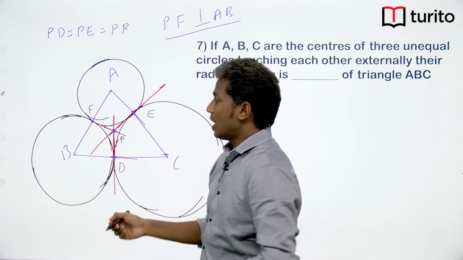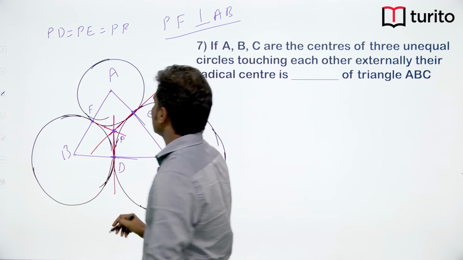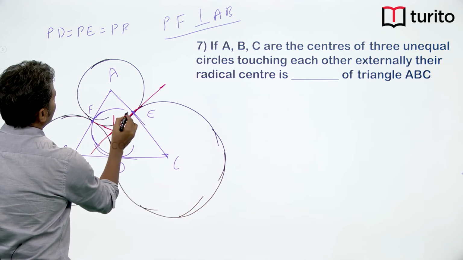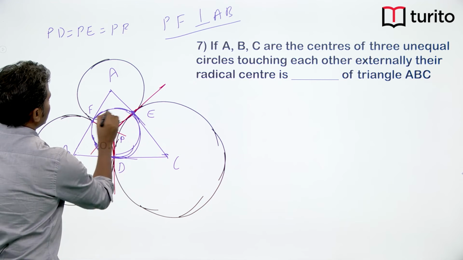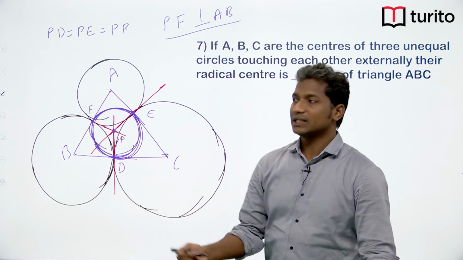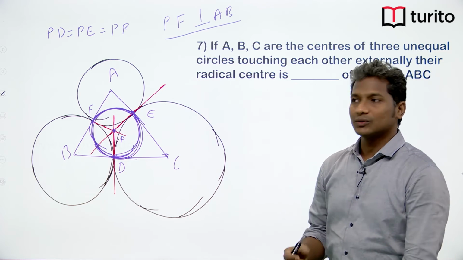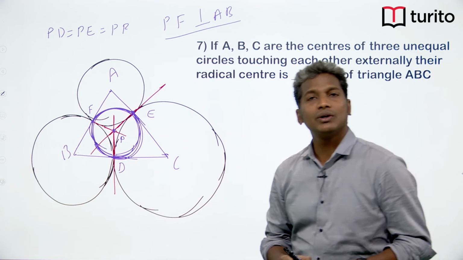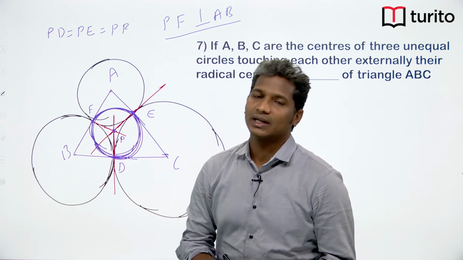Okay. So, now by taking this length as the radius, if I draw one circle, then this circle is going to touch all three sides internally. So, that means the radical center of these three circles is going to be the incenter of the triangle.